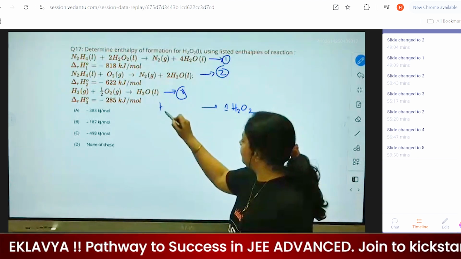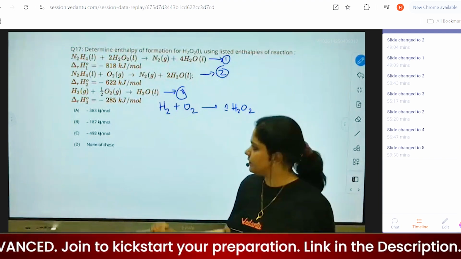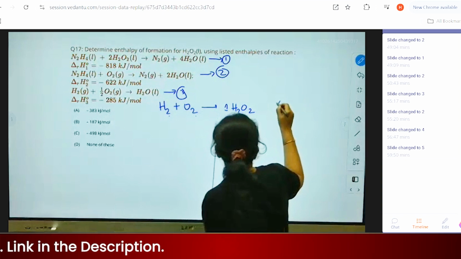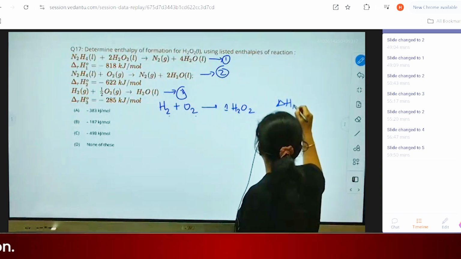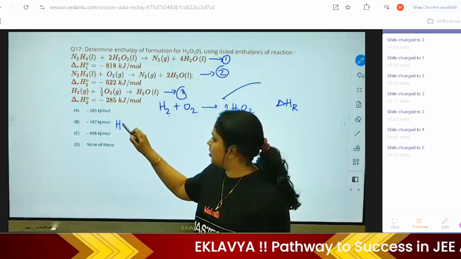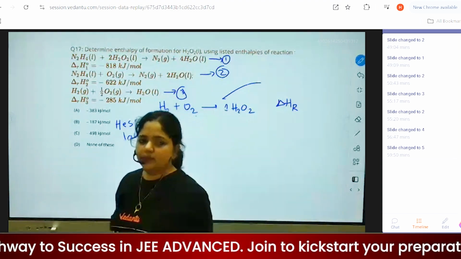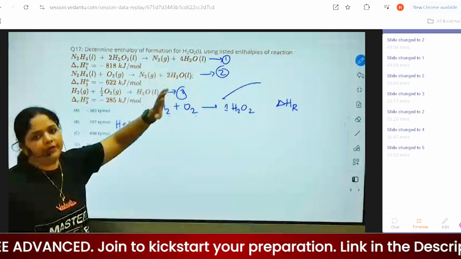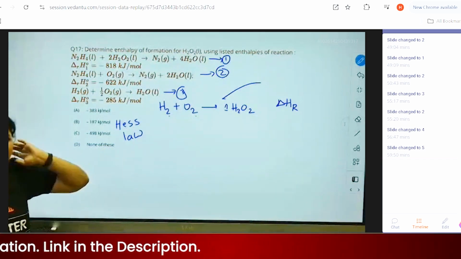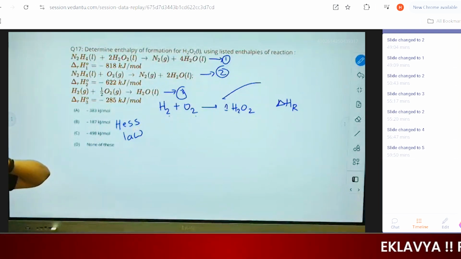And how is it formed? By the reaction of H2 and O2, which are gaseous, forming 1 mole. This is the enthalpy of formation, this is the target equation. By making use of Hess's law, I have to do some operations, plus and minus, on these equations 1, 2, 3, so that I arrive at the target equation, which is the formation of hydrogen peroxide.